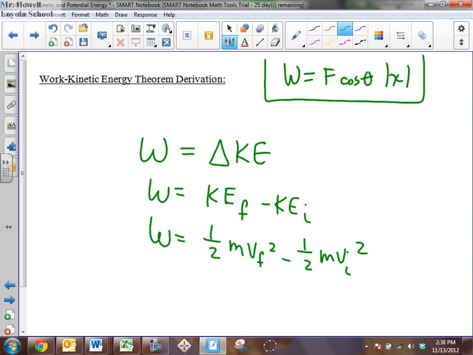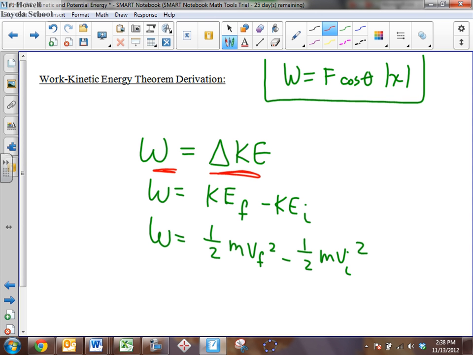What did I do? I gave it some velocity, didn't I? I gave it some motion. So really, what I gave it was kinetic energy. The work that I performed by pushing resulted in motion. It resulted in kinetic energy. That's what this theorem says. Any work that you perform will have some sort of a result in the kinetic energy change.